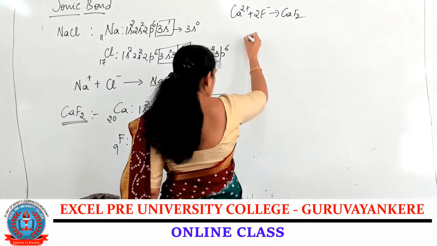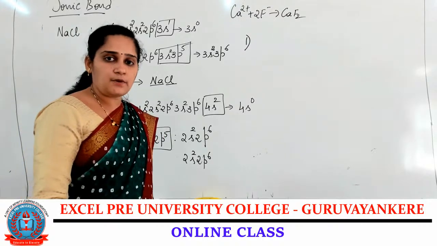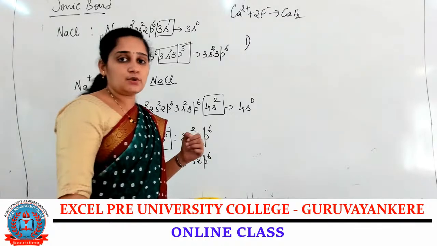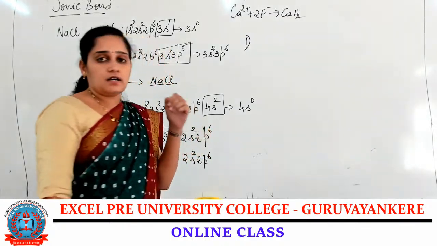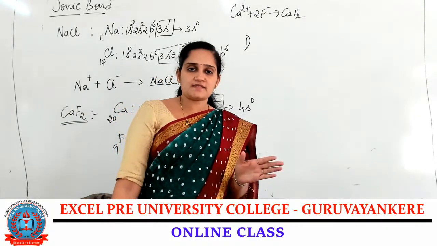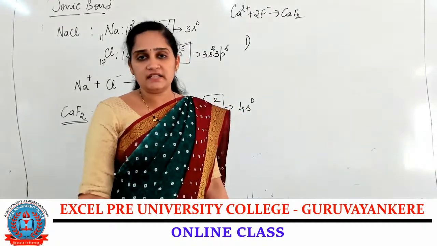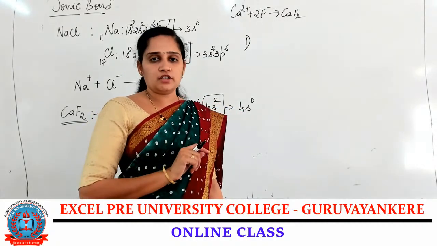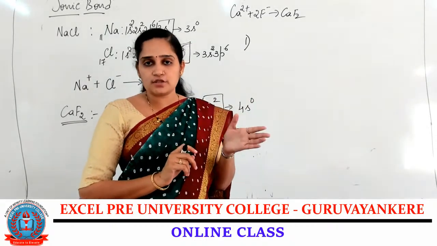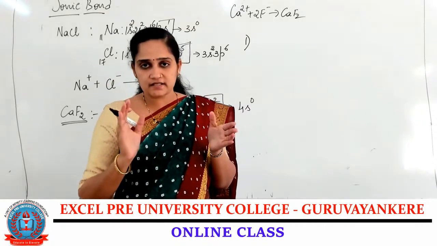And the formation of the ionic bond depends upon the electronegativity character. Most of the times, group 1 metals and group 2 metals, when combining with group 17 elements, form the ionic bond, because group 1 and group 2 metals are electropositive, and group 17 elements are electronegative.